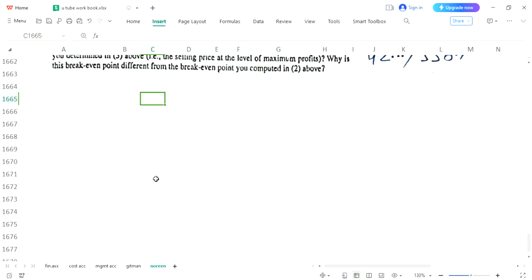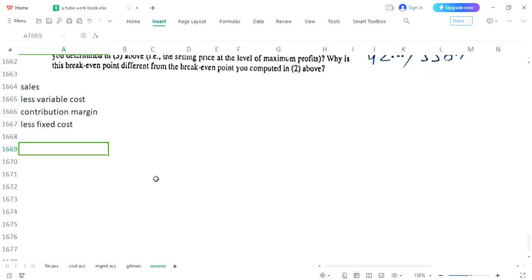You write sales first, then subtract your variable cost to get contribution margin, and then subtract fixed cost to get our net margin.